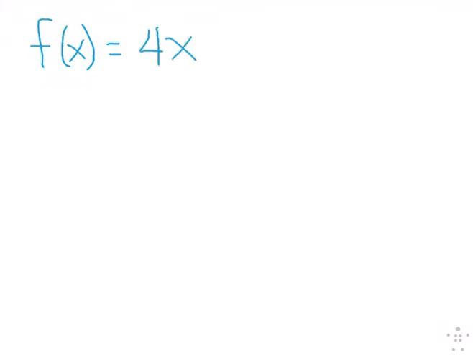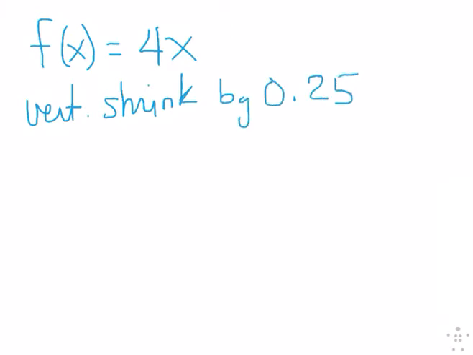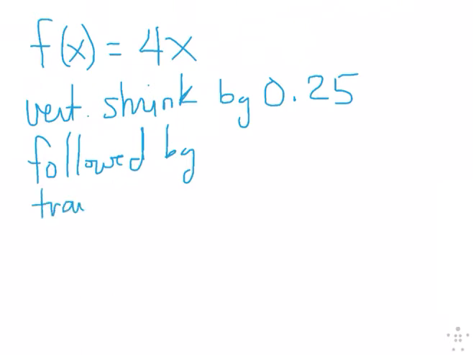And it'll say, do a vertical shrink by 0.24 or 0.25, followed by a translation 3 units up. I abbreviated a little bit of that so that we could have more room to write. So they're giving you 2 different things to do. Do them one at a time.